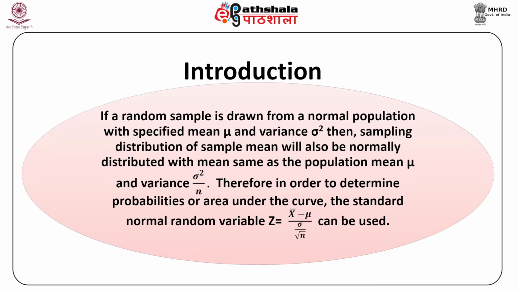Therefore, in order to determine probabilities or area under the curve, the standard normal random variable z defined as x bar minus mu upon sigma by root n can be used.